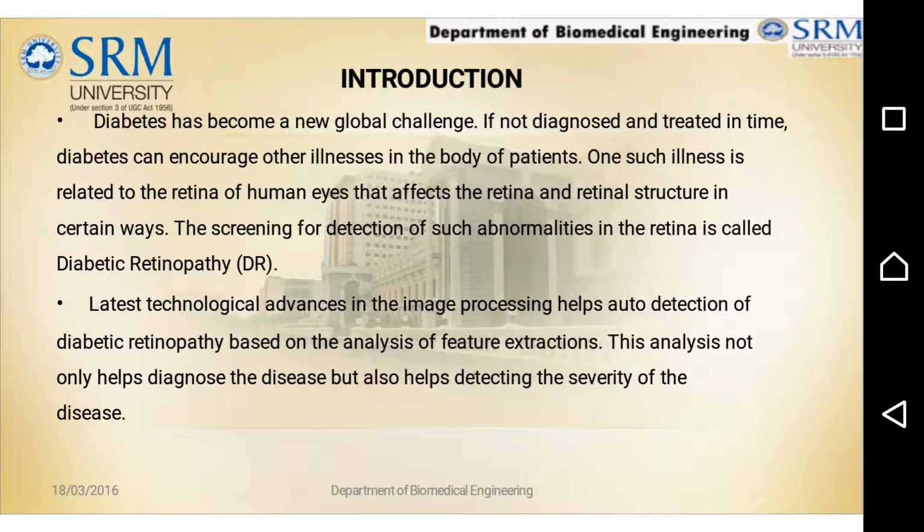The latest technological advance in image processing helps auto-detection of diabetic retinopathy based on the analysis of feature extraction. This analysis not only helps diagnose the disease but also helps detect the severity of the disease.